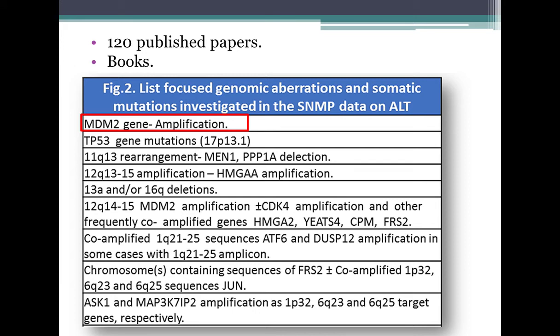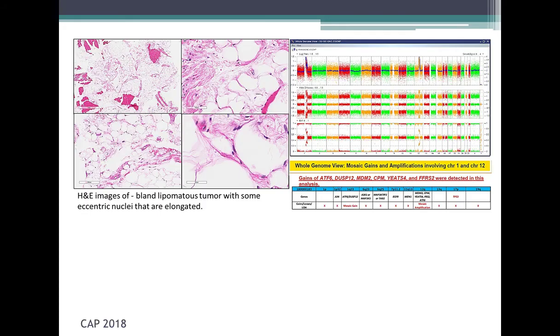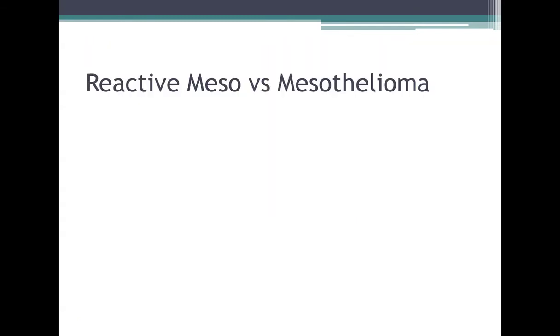We have again looked at a barrage of abnormalities which are critical in making that differentiation, and this is just an example which we presented at the CEP meeting last year, which looks at these small core biopsies which are very histologically challenging, especially in a big retroperitoneal region. But the whole genome SNP array definitely makes a substantial addition to the histologic evaluation of these small biopsies, especially differentiating between lipoma or liposarcoma.